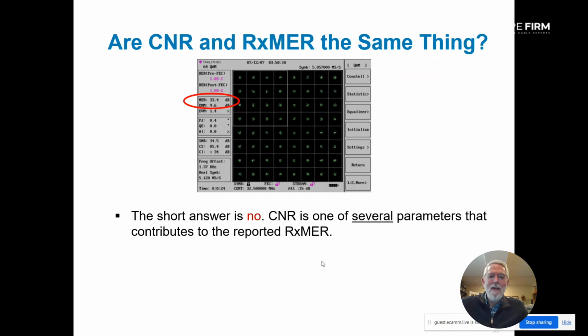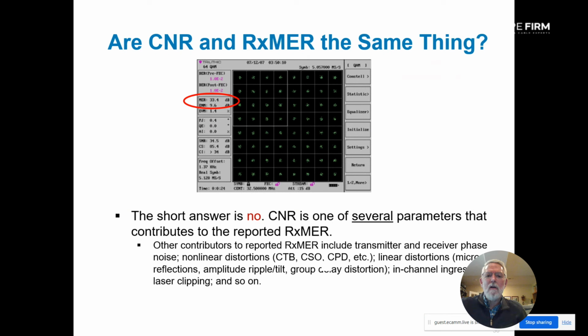It's not. And this surprises a lot of people, because I hear people say, CNR and MER, they're the same thing. They're not. CNR is one of several things that affect the reported RxMER from a meter or from a set-top box or cable modem or whatever, because there's a bunch of stuff that contributes to the reported RxMER.